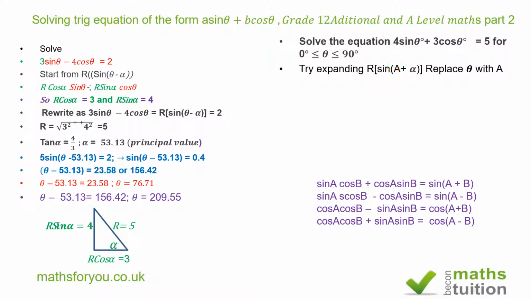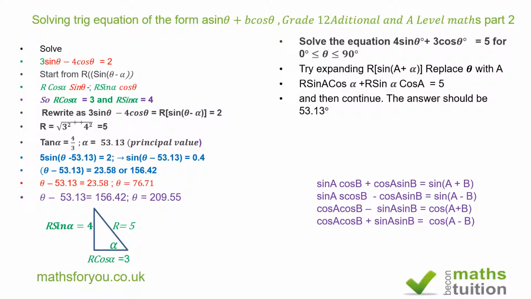So in effect, you got R sine A cos alpha plus R sine alpha cos A. That's equal to 5. So the answer you expect for this equation there is 53.13 degrees. Now try it yourself.